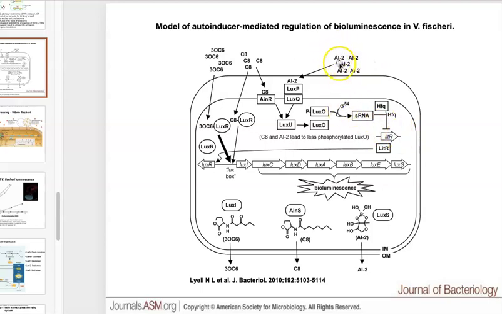When autoinducer does bind, the phosphate flow goes in the reverse direction. So there's no repression of LitR, and LitR will then be active, and LitR will in turn turn on LuxR and then feed the system. So more LuxR and so on results in more expression of the luminescence genes.